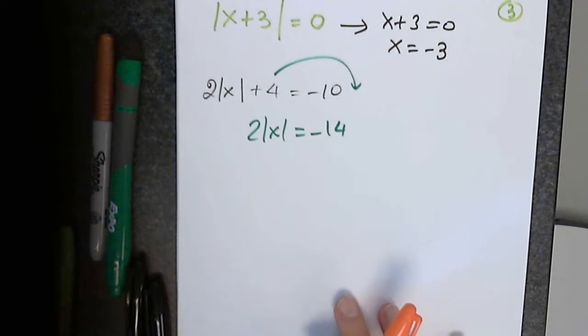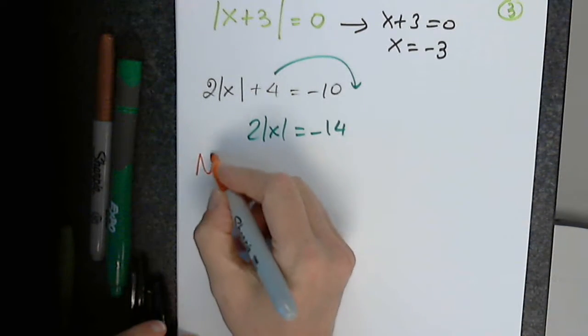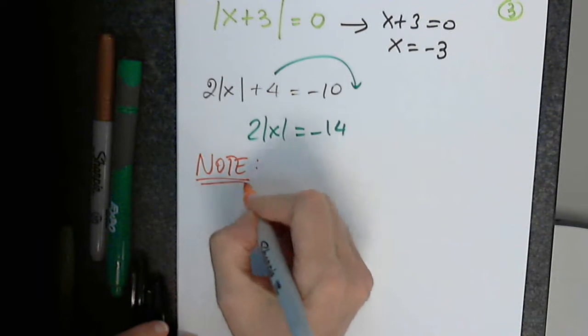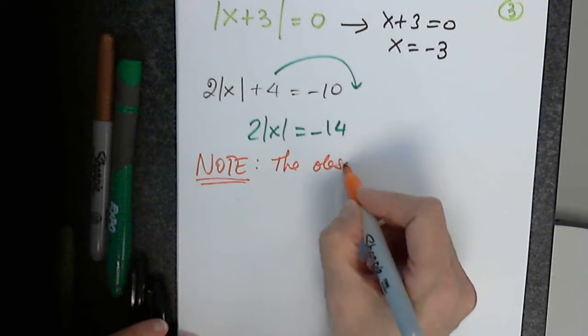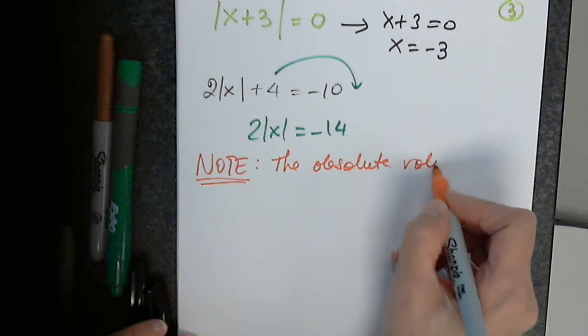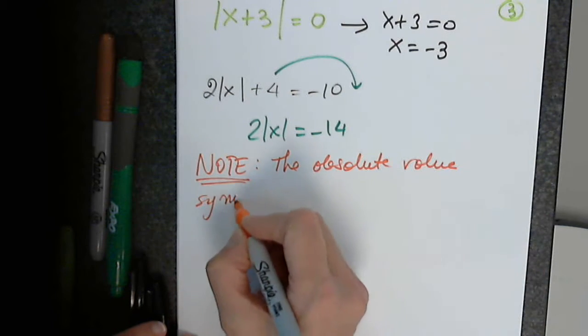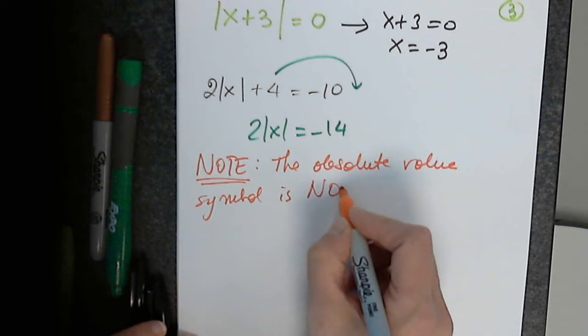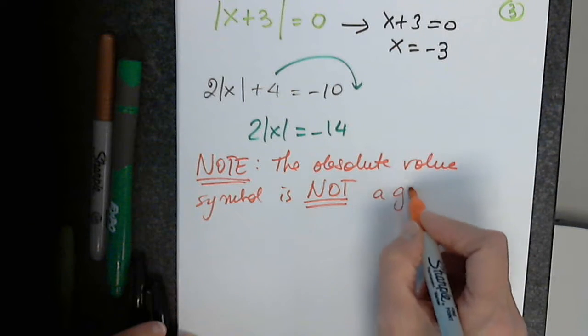Very good point. Let's write a big note. Note: the absolute value symbol is not a grouping symbol.